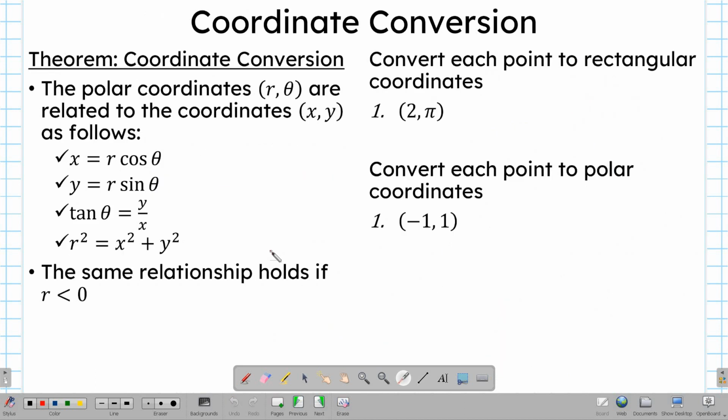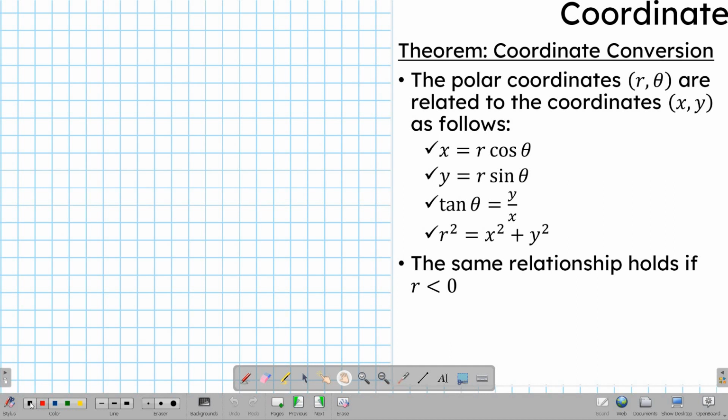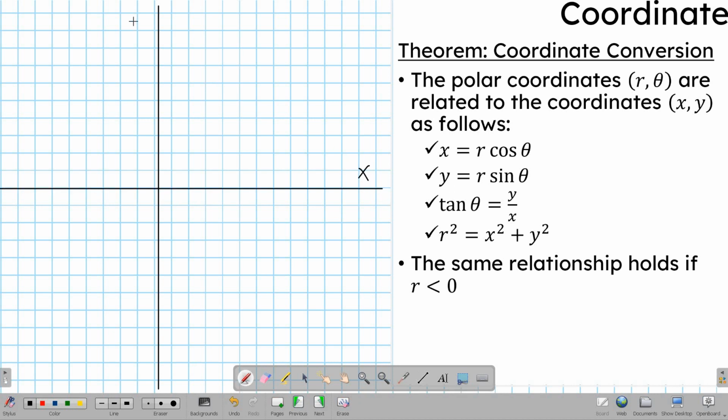Now that we're looking into polar coordinates, we also have to look into the relationship between polar coordinates and our Cartesian coordinates. If you would recall, let's place it in the Cartesian plane. Let's say we have this Cartesian plane with x and y axes, and let's make blue the polar.